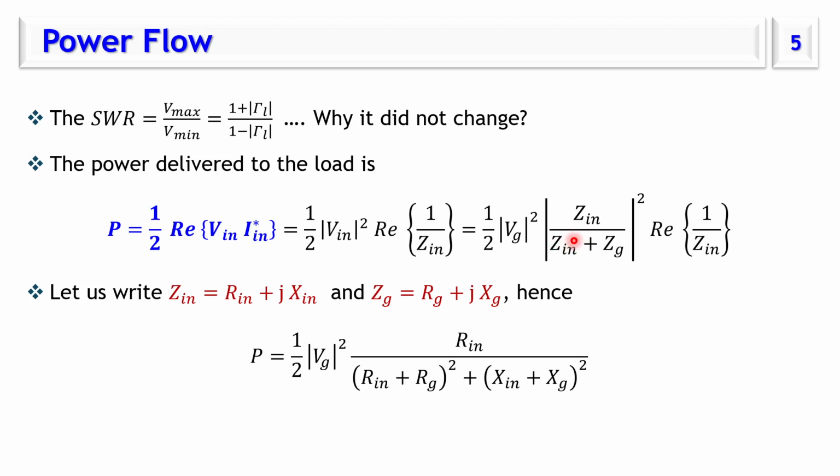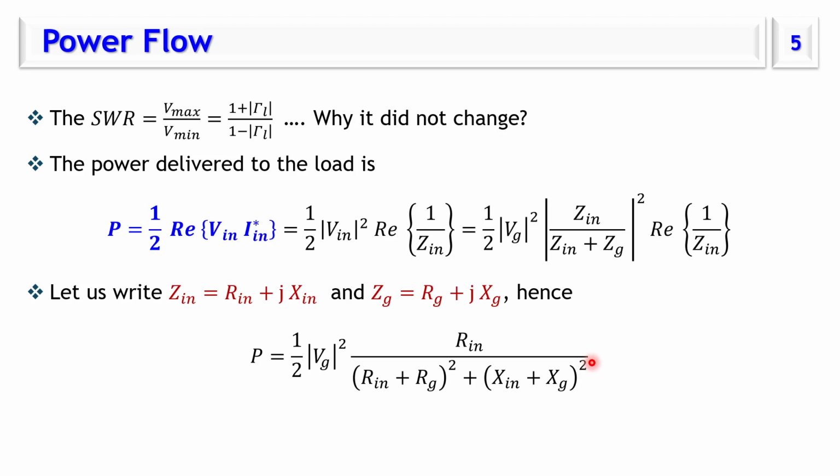We can write it in terms of Vn, or in terms of generator voltage. To do further analysis, let us write Zn as a real part plus j imaginary part. Same thing for the generator internal impedance. So the power delivered to the load in this case would have this expression.